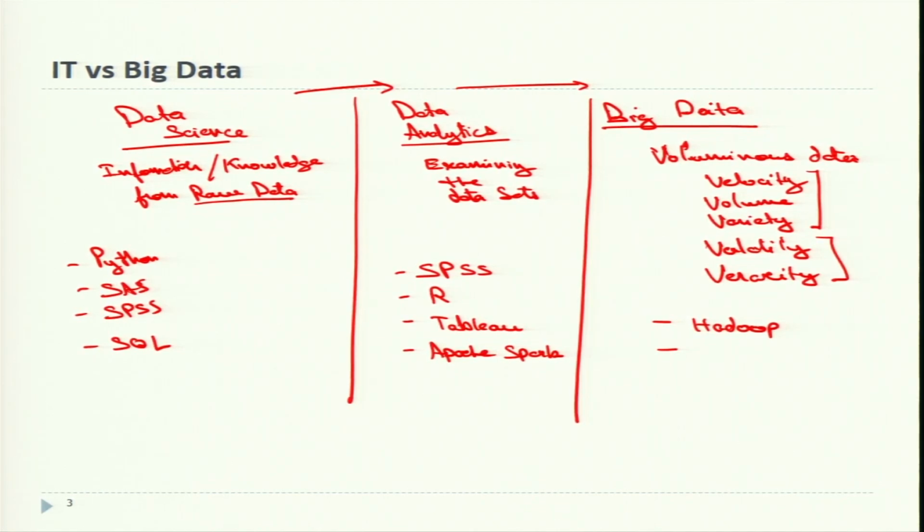They understood the volume and the potential big data could bring to the market, to their sales, to their overall output, so they started using these things. Hadoop was one of the initial software used. Now NoSQL databases are available, and similarly multiple other databases are also available. So these are the major differences between data science, analytics and big data analytics.